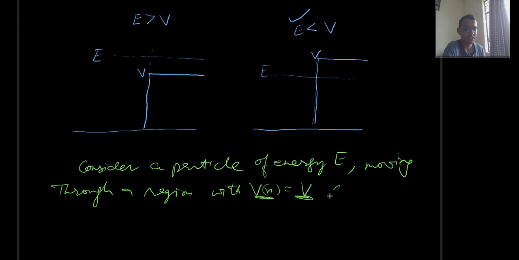So V is constant. So this is the case which we are considering here. Now let me try to write down the Schrodinger wave equation for this problem.